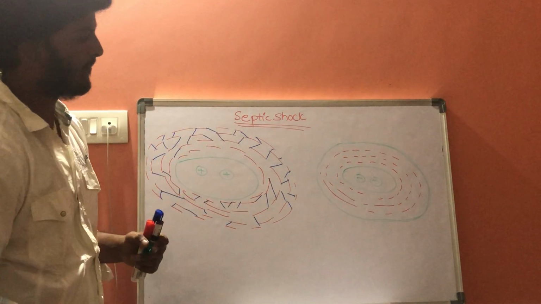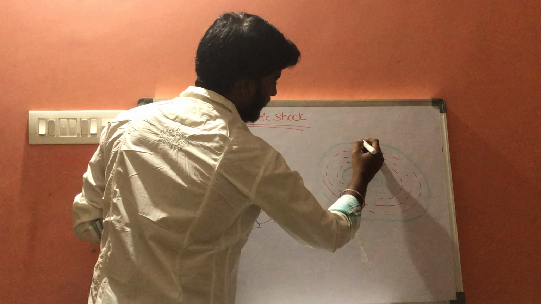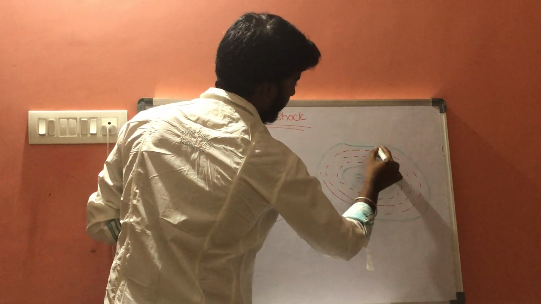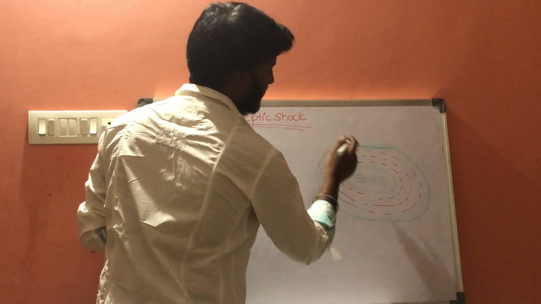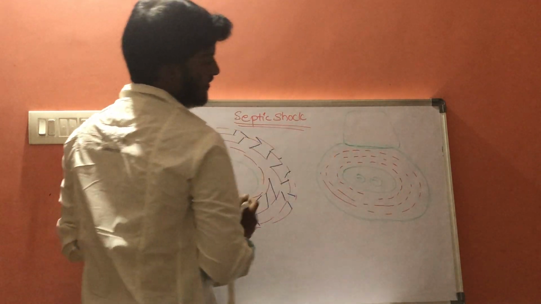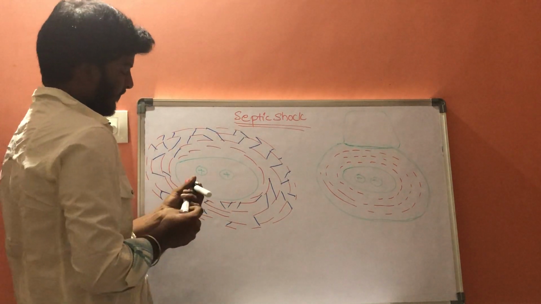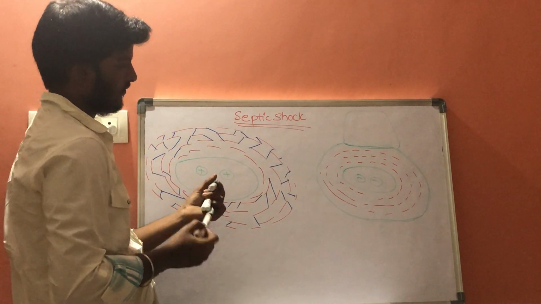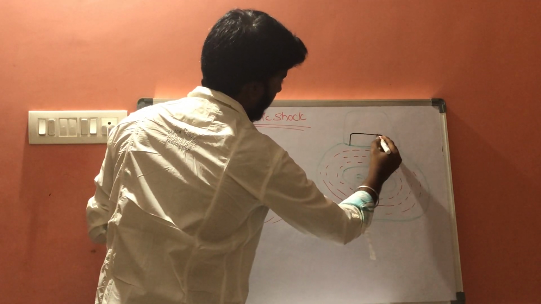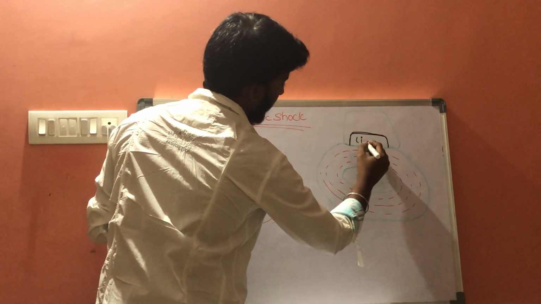It is a lipid bilayer which consists of two layers. Let us consider this is lipid A.